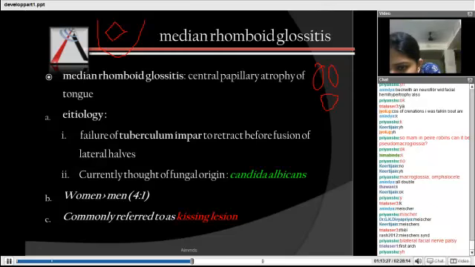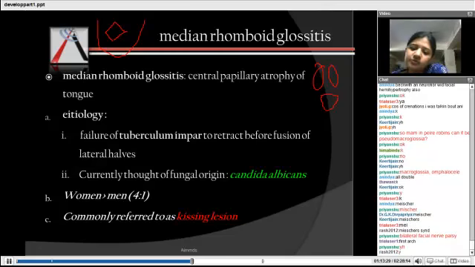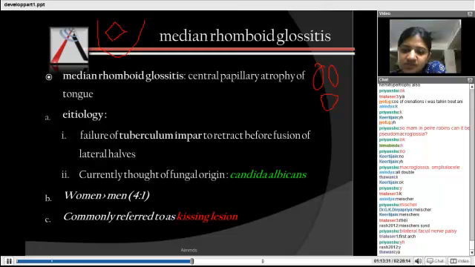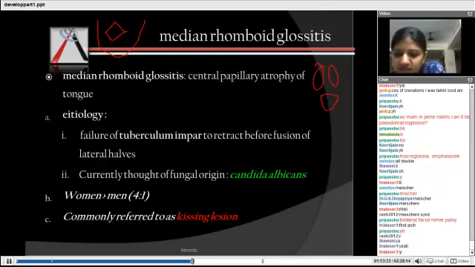There has to be fusion of the 2 lingual swellings, that is your lateral swellings, and 1 tuberculum impar, and that will result in the formation of your tongue. Now, like I said, all these 3 structures fuse.